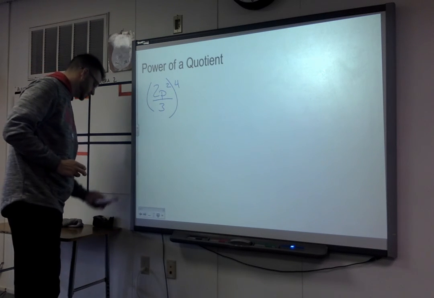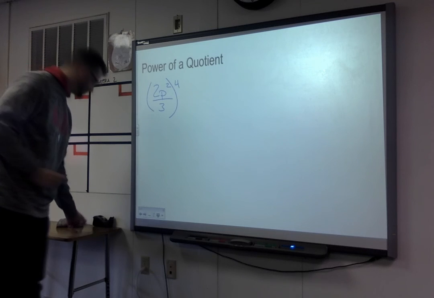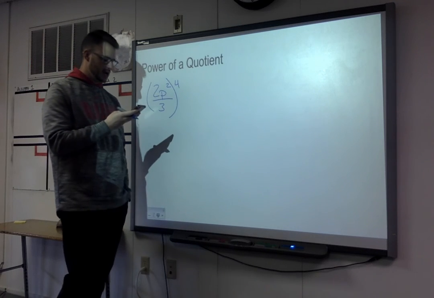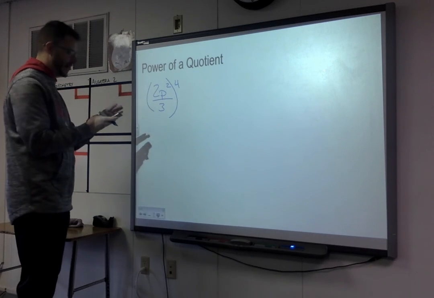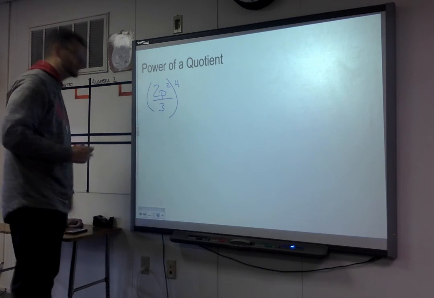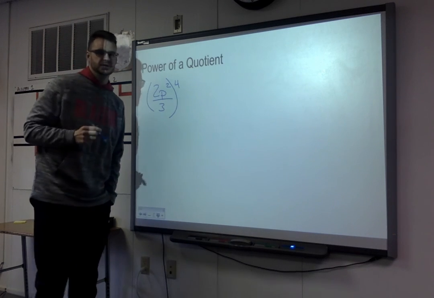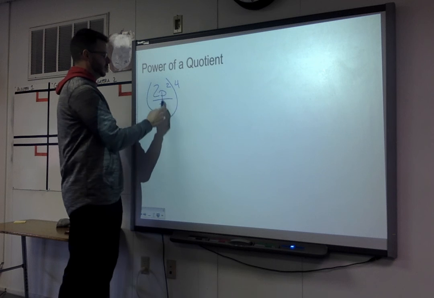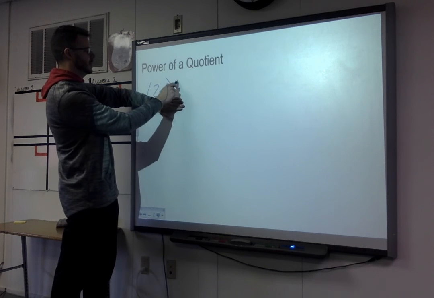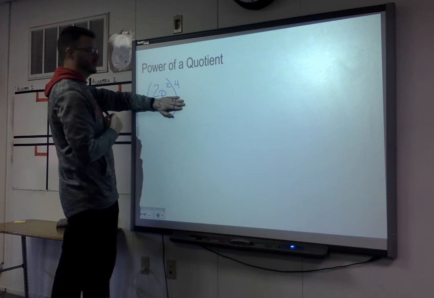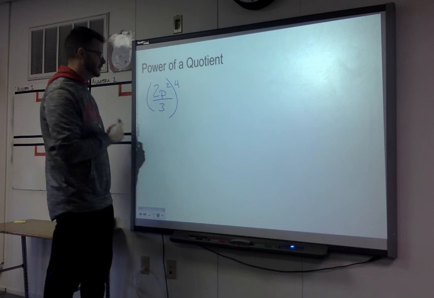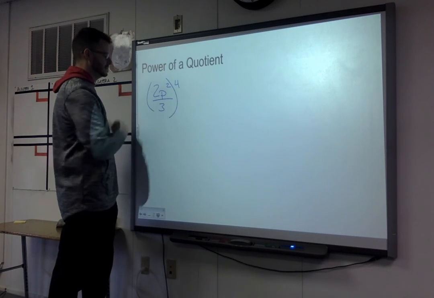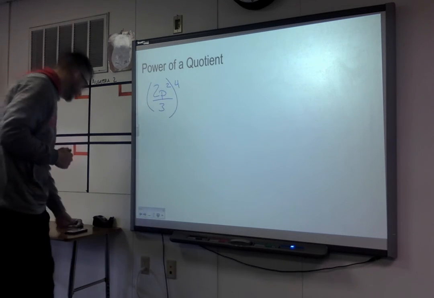So what we need to do here is, if you look at the notes, it tells you when a fraction is raised to a power, you must raise everything to that power. So just like on the last one, when we just had 2p squared to the fourth power, we had to distribute that fourth power into the parentheses. Here we also have to distribute it into the denominator.